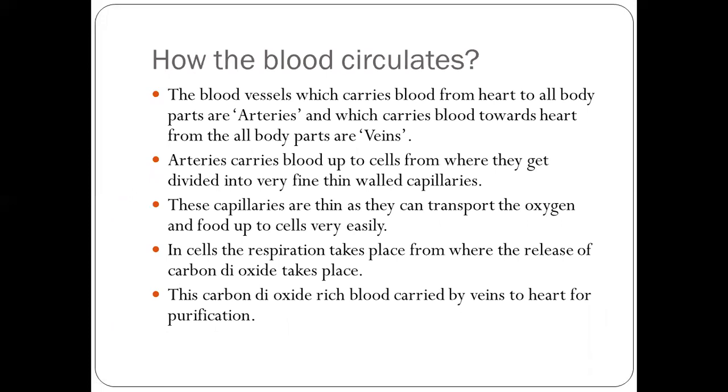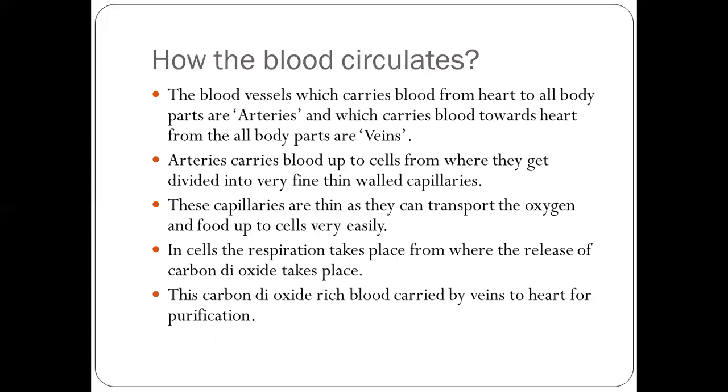So how does this blood circulate through this circulatory system? The blood vessels which carry the blood from the heart to all body parts are arteries, and those which carry the blood towards the heart from all body parts are veins. As we discussed, the blood vessels which carry the oxygenated blood are arteries, and which carry the deoxygenated blood are veins.